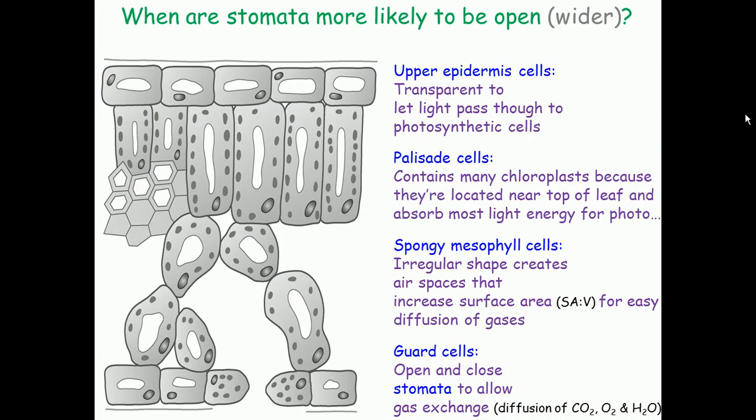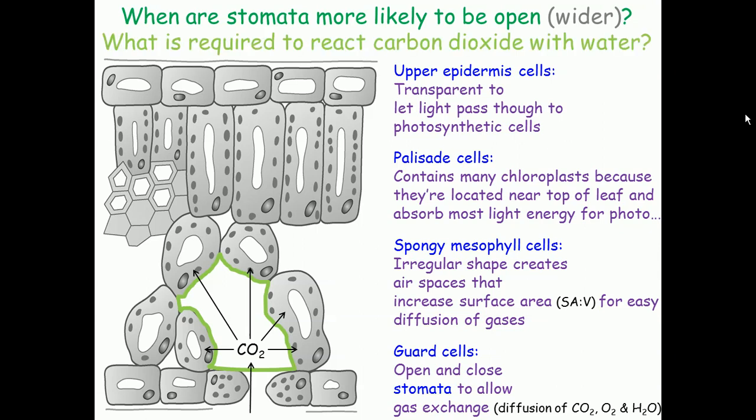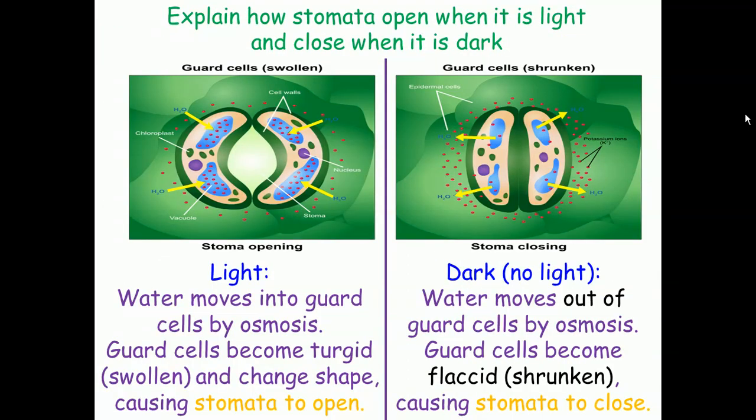So when are stomata more likely to be open? We know that when the stomata open, carbon dioxide can diffuse into the air spaces such that it can diffuse into photosynthetic cells. They want to do that when there is light energy, because we don't want light energy to be a limiting factor. So there's no point opening the stomata for carbon dioxide to diffuse in unless there is light energy.